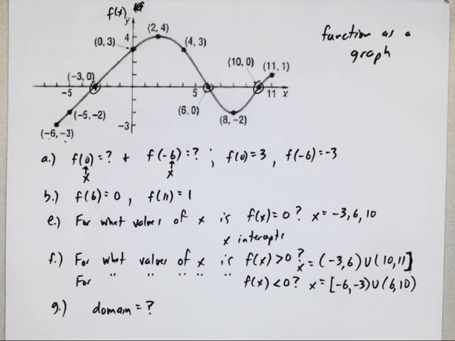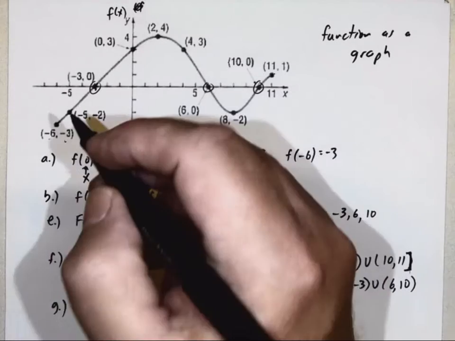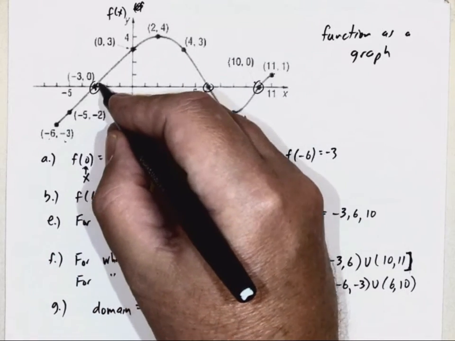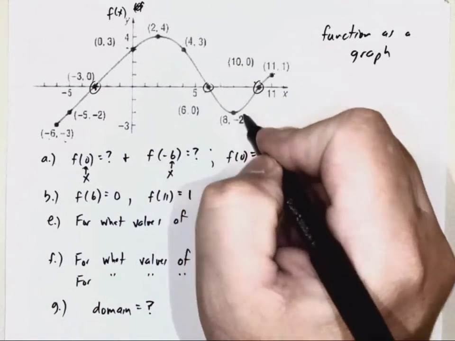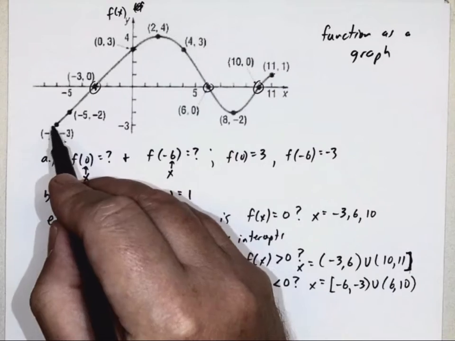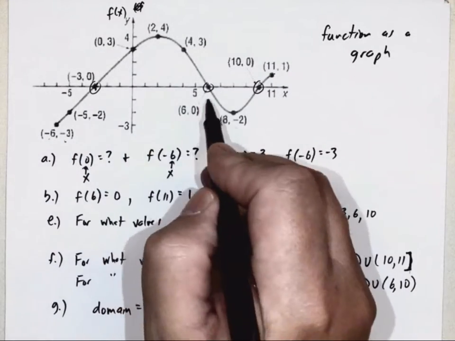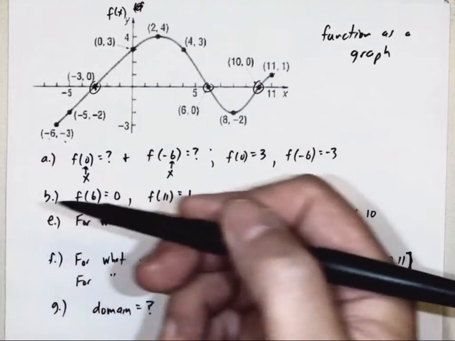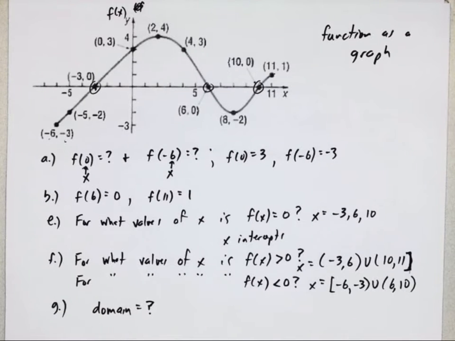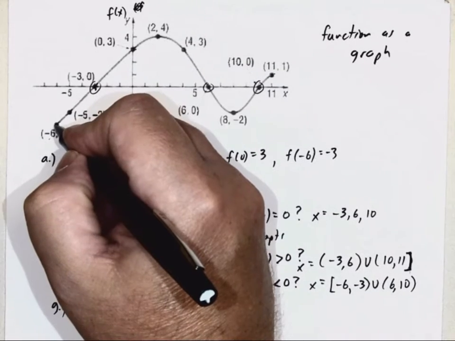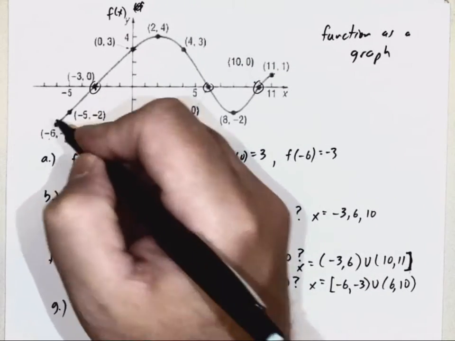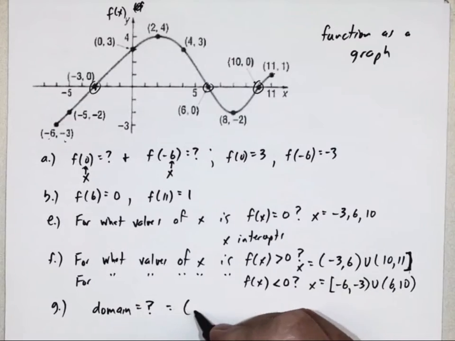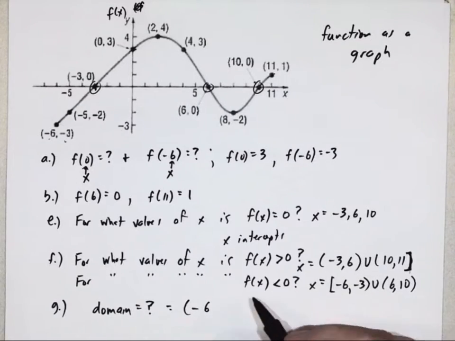And all you do is, you go to your graph, and since this is a continuous line, there's no breaks, there's no gaps, you simply say, well, what's the smallest value of x for this graph? How far to the left does this graph go? That's the smallest value of x. Well, this graph starts when x is -6. So it starts at -6.